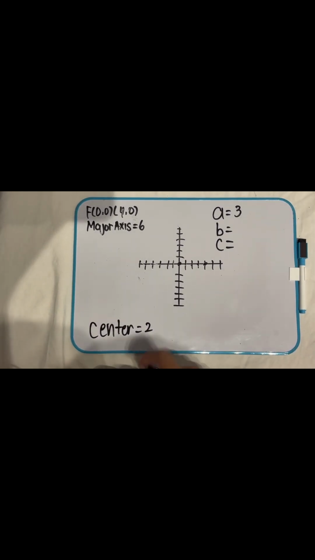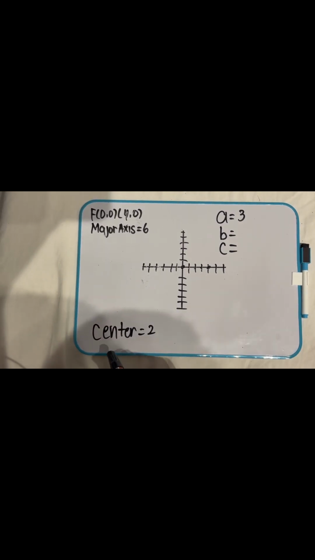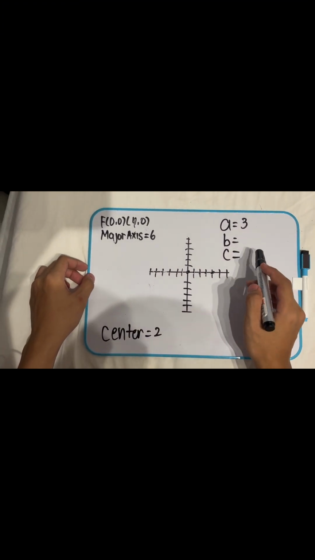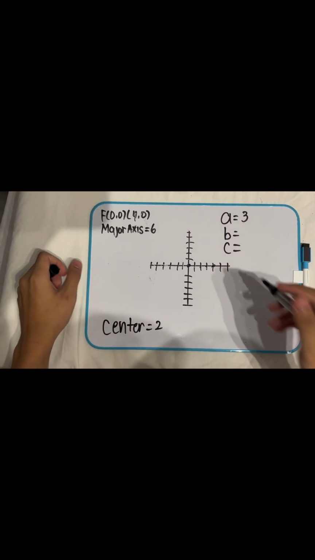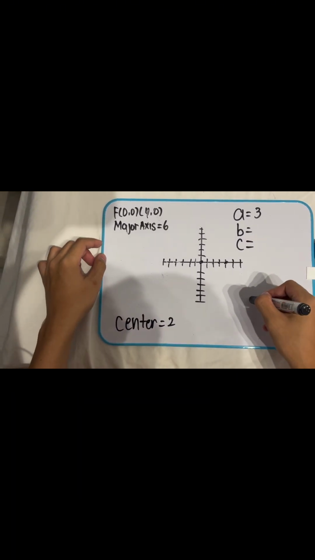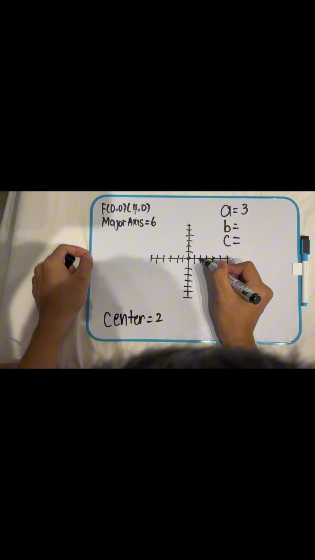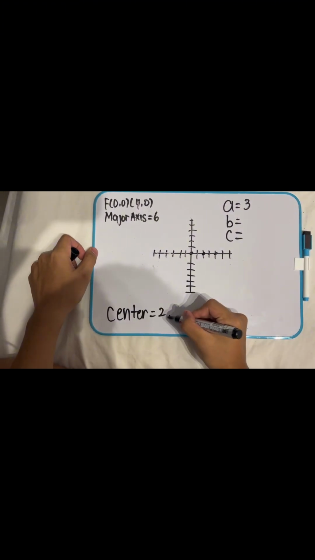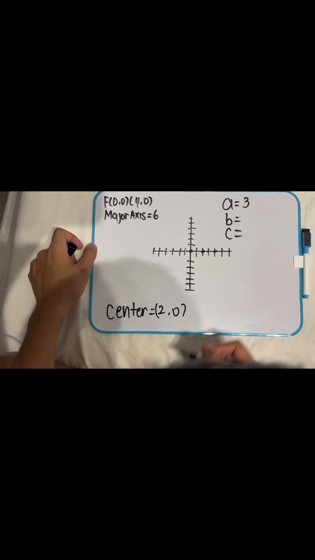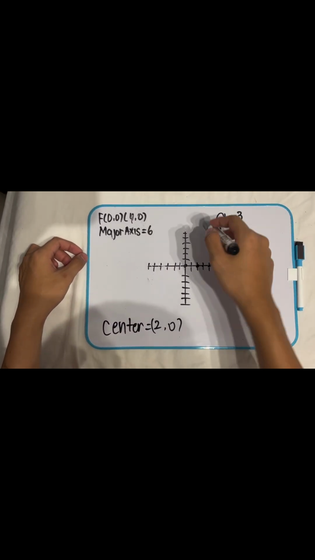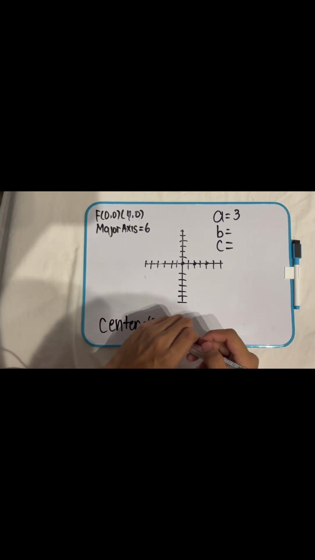So, now that we have the value of the center, we can get the value of our C. This is our center, 2 and 0, since our y-axis is still on 0.